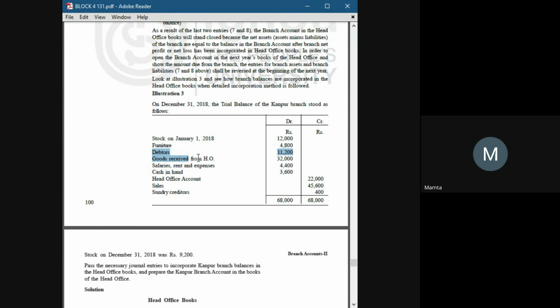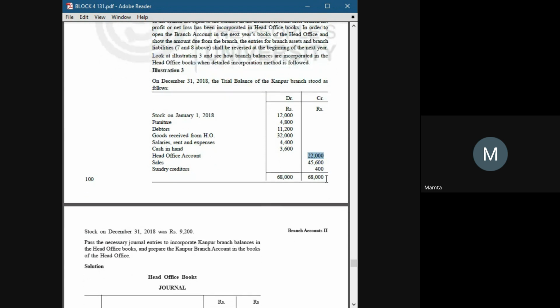Goods received from head office 32,000. Salaries, rent and expenses, which will go straight to the P&L account, 4,400. Cash in hand, an asset, 3,600. Head office account shows a credit balance of 22,000.